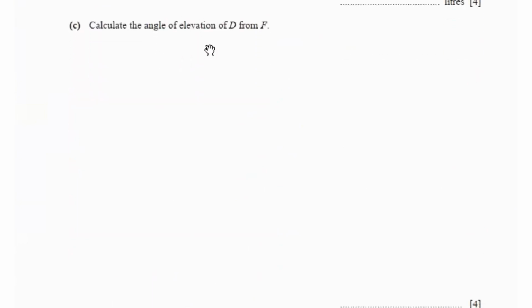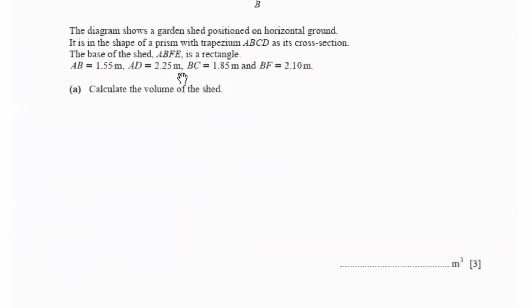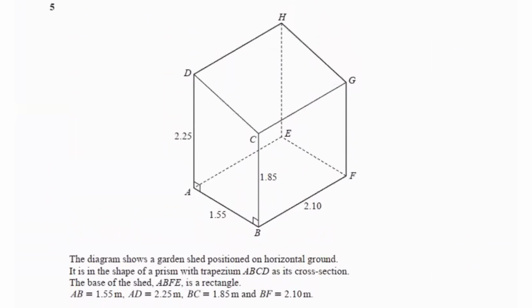Then it says calculate the angle of elevation of D from F. So to calculate the angle of elevation of D from F, connect the 2 points first. This is a right angle triangle of D from F. So this is the angle that we're trying to find. We don't have AF.